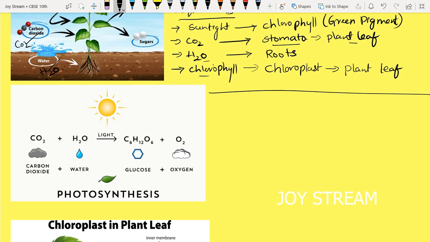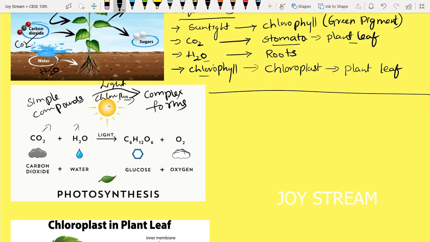Sunlight, carbon dioxide, H2O are simple organic compounds, which are then converted to complex forms in the presence of light, in the presence of sun and in the presence of chlorophyll. This process is called photosynthesis.